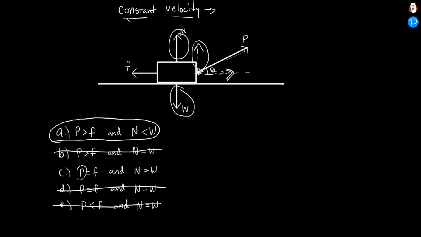For this to be moving at a constant velocity, I need this component of the pulling force to be equal to friction. The only way I can ensure that this component is big enough is if the force that I'm pulling with is greater than the force of friction. Because once it's broken up into its components, this component is going to be a little bit less than the pulling force. So this would be my only option that works.